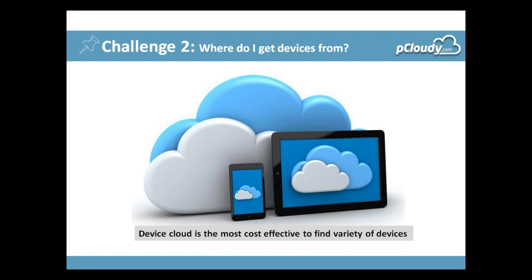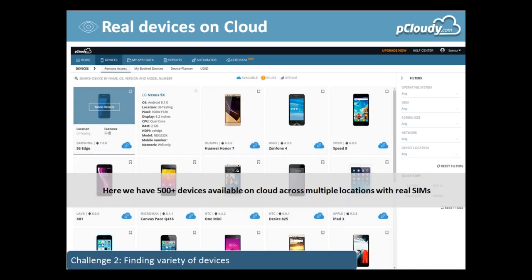But just to give you a proof, especially in the context of pCloudy, as I earlier mentioned, on public cloud, we have 500 plus devices available across multiple locations with real SIMs. And the way we have selected 500 plus devices, it covers a variety of manufacturers, different screen sizes, different operating systems, and different networks.